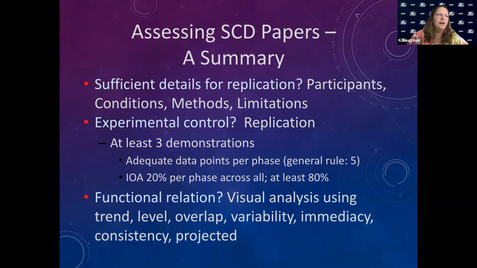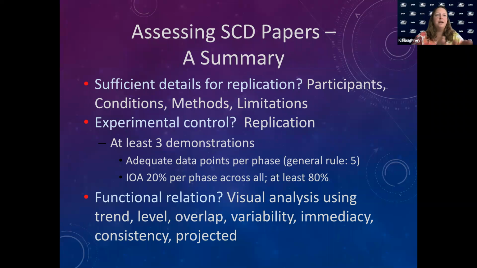Experimental control: you're watching for replication, at least 3 demonstrations of replication, adequate data points per phase, which, remember, the general rule is 5, but you can have some fluctuation there. Inter-observer agreement is another thing that we have standards for, which is you're collecting it in at least 20% of sessions per phase across the whole study.